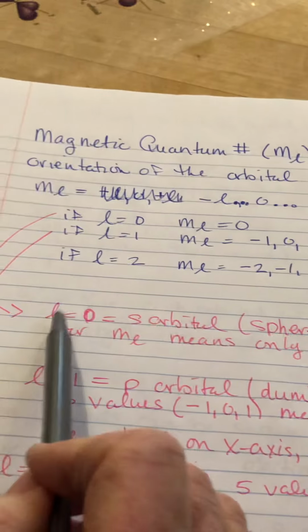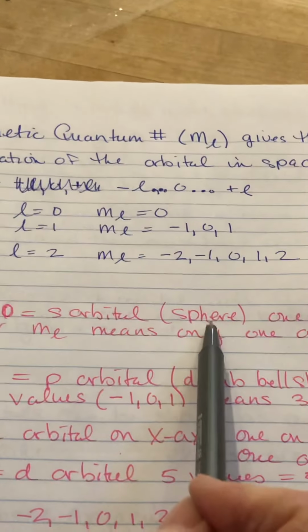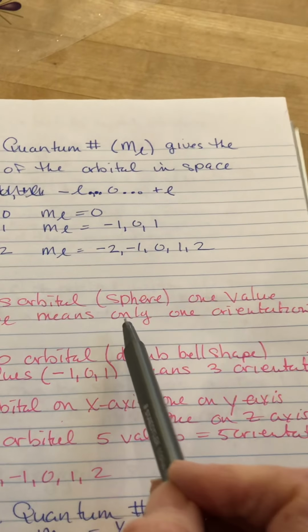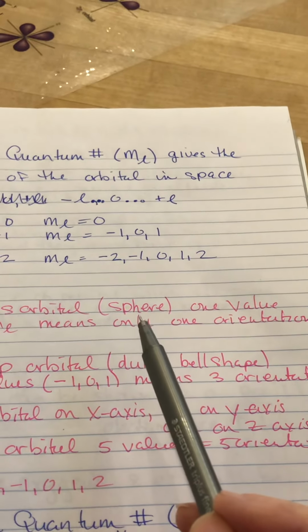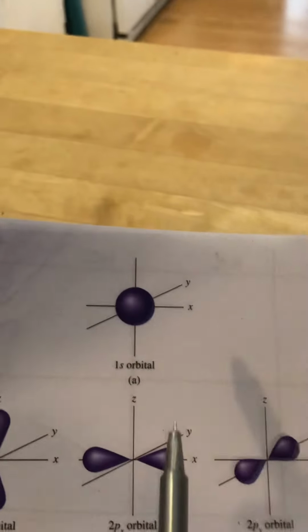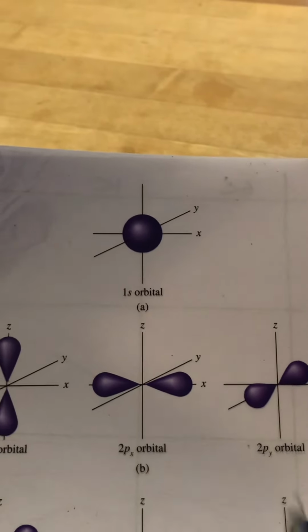If L equals 0, we're talking about an s orbital, which is a sphere. You've got one value for it, which means there's only one orientation. Well, if you look at a sphere, how many ways can you orient that sphere? Just one. No matter how you twist it or turn it, it's going to look the same on the Cartesian axis system.